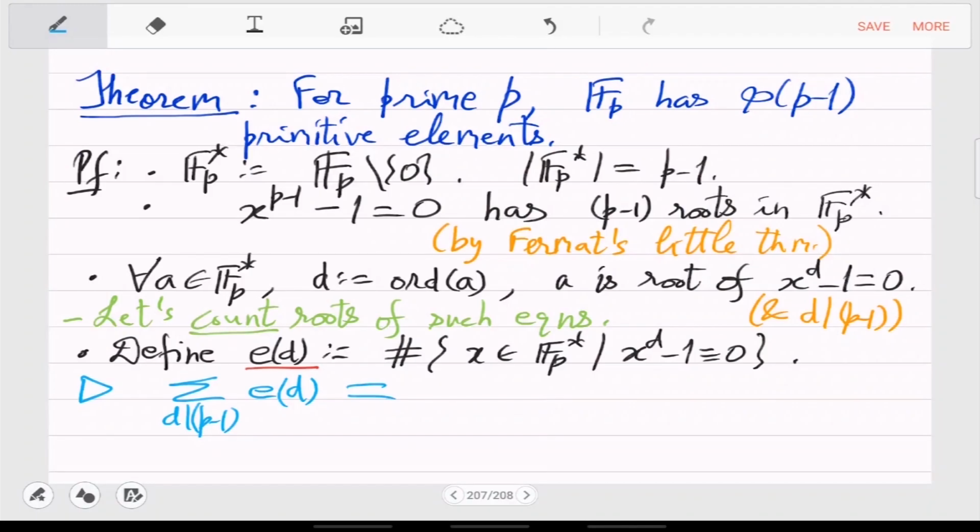If you pick a divisor D of p minus 1 and you count how many x's there are satisfying x to the D equal to 1, and you sum it up over all D, the answer will be, we claim, p minus 1.